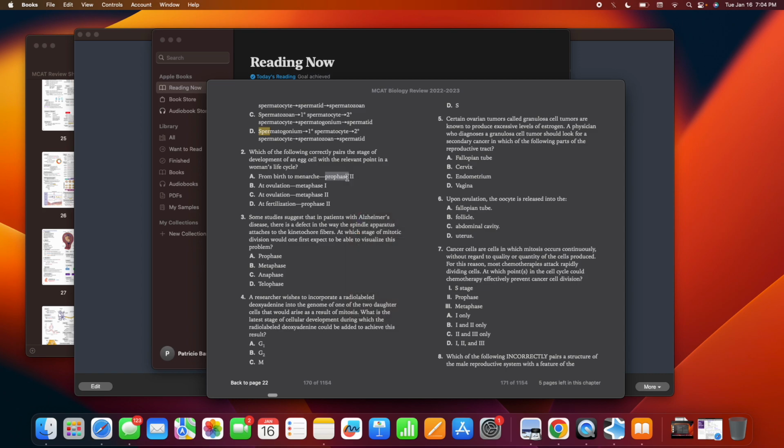It's just the stage of development of an egg cell at the relevant point in the woman's life cycle. At ovulation, fertilization. So what is the difference between ovulation and fertilization?